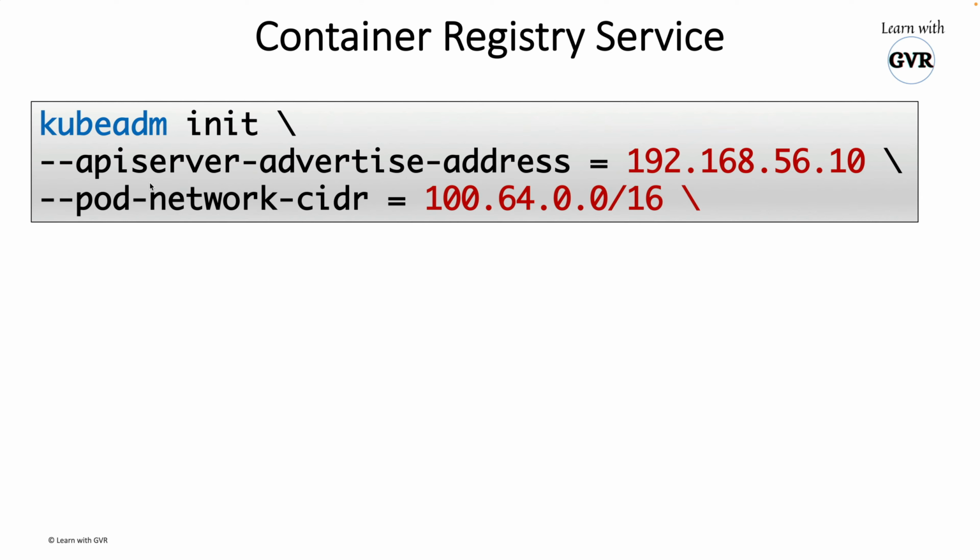In CKA, what we learned is that in order to provision a new kubeadm cluster, we use kubeadm init, and you have to pass the apiserver advertise address as well as the pod network CIDR range.